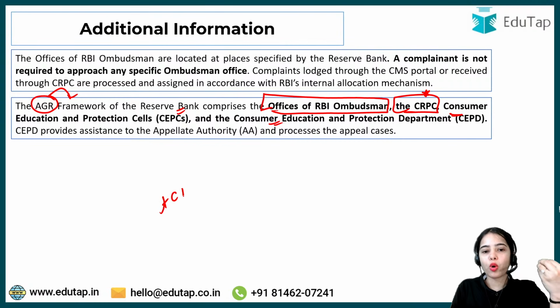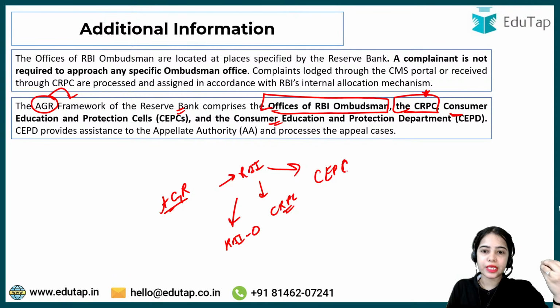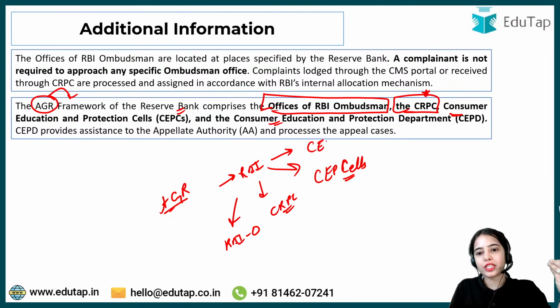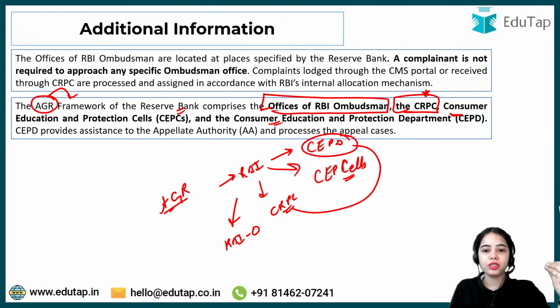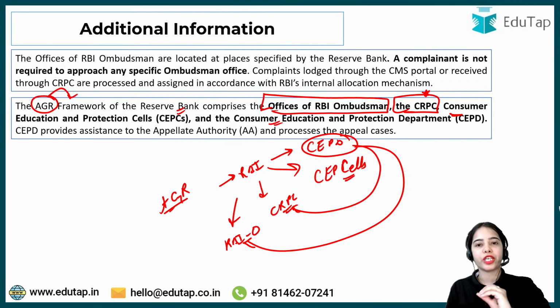The Consumer Education and Protection Cells have the responsibility to educate consumers on how they can reach the RBI Ombudsman or how they can raise a complaint under it, and the Consumer Education and Protection Department looks after the whole integrated ombudsman scheme.